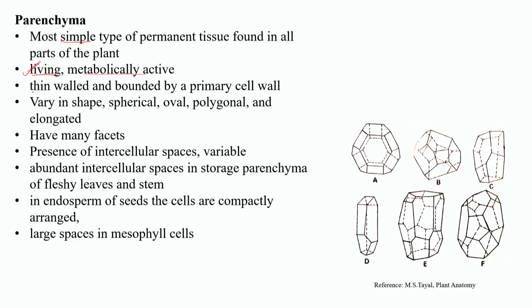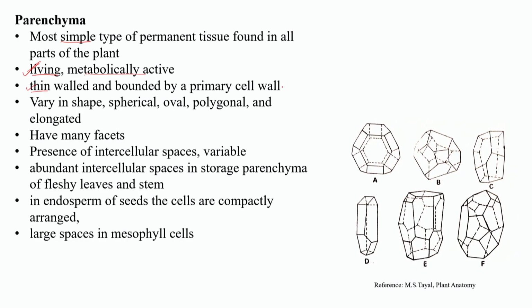Since they are living tissue, they will be thin walled. As we have discussed, they are not bounded by a thick secondary wall, because when formation of secondary wall takes place, the tissue mostly becomes dead. So, they are living and have a thin cell wall.